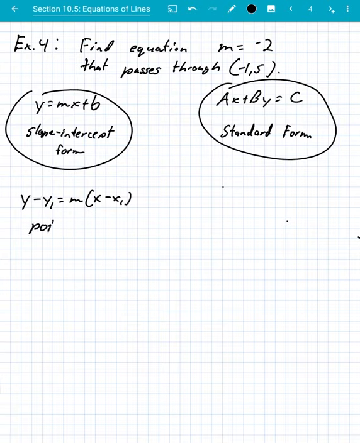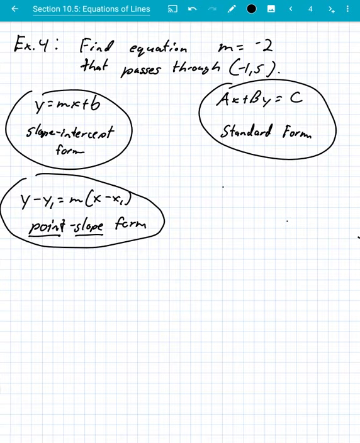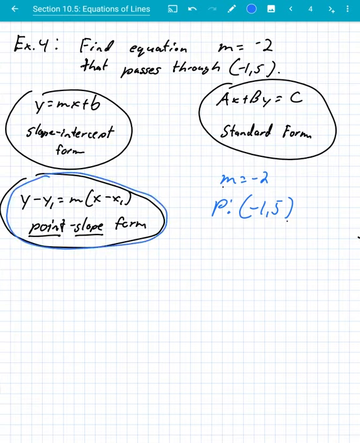It's called point-slope form because, if you remember, x1 and y1 represent a point, and m right here is your slope, hence point-slope form. Because we are given a slope of -2 and a point of (-1, 5), I'm going to use this equation right here.